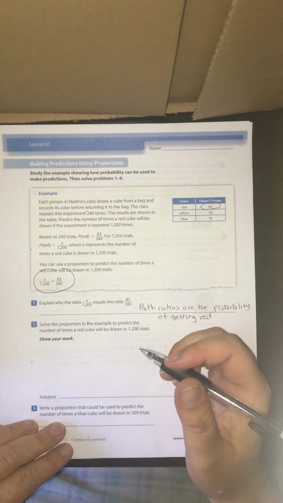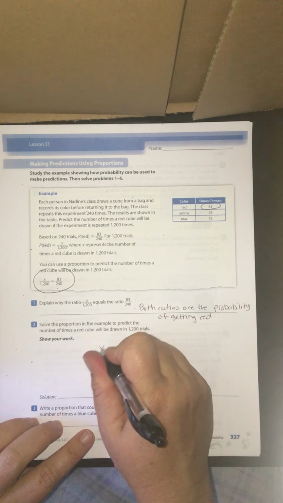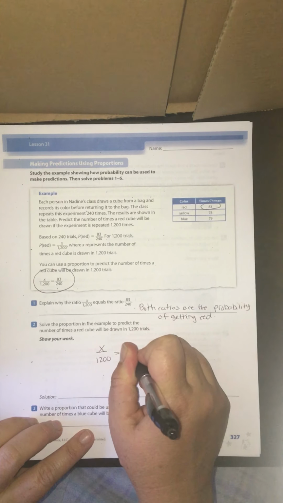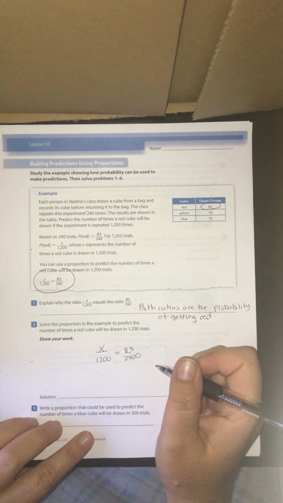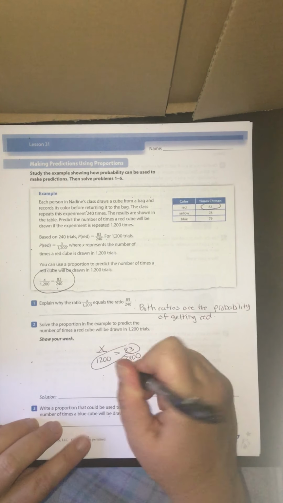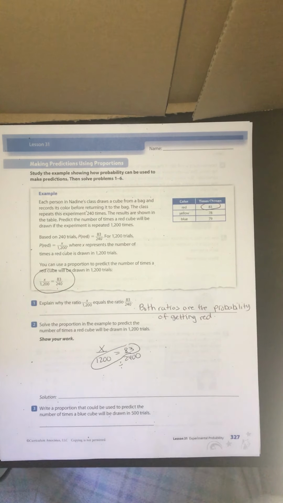Okay, we have to solve the proportion. So to solve the proportion, we rewrite it. If I want to make them equal to each other, I typically like to multiply then divide. There's many ways to do this.